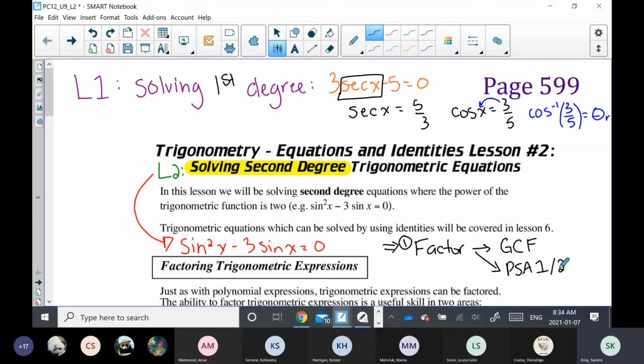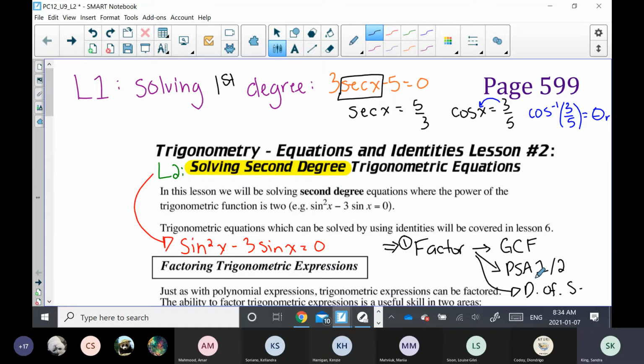I always call them PSA 1 or 2. The book calls them inspection and decomposition. And then the last method of factoring that you need to know for this course is difference of squares. And we're going to review these 3 types before we even get into this lesson right now.